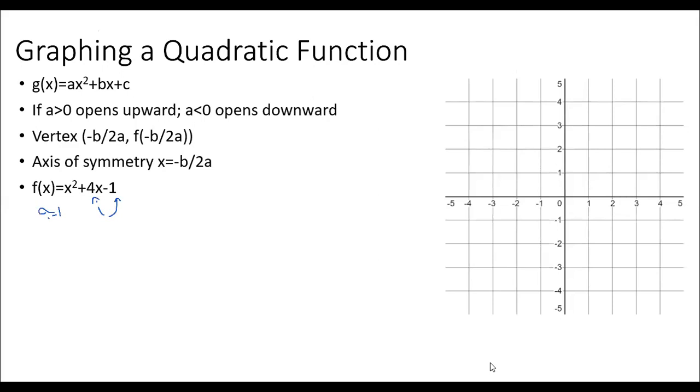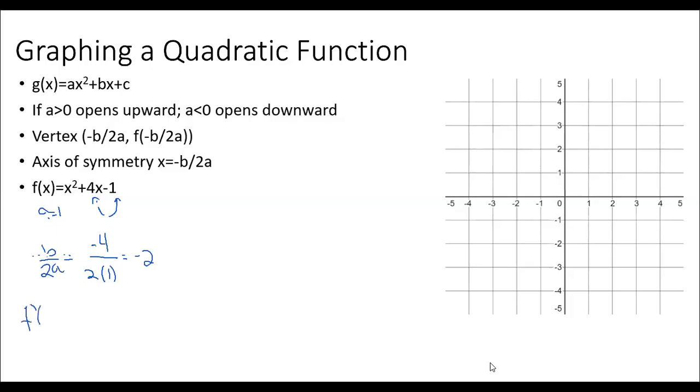Okay, so our vertex is negative b over 2a. Well, b is equal to 4, so this is negative 4 over 2 times a is 1. So this is negative 4 divided by 2. This is negative 2. So negative 2 is the x coordinate of our vertex, but we have to plug negative 2 back into our equation to get the y coordinate.